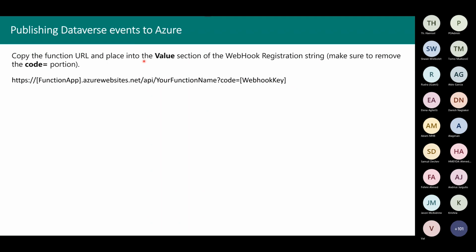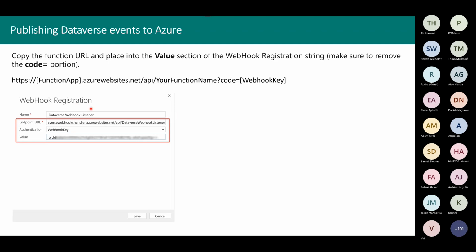You can copy the function URL and place it into the value section of the webhook registration string, and then remove the code. So the webhook registration has the endpoint until your function name, and then in the authentication you can use Azure Active Directory, or here I'm using the code, the webhook key.